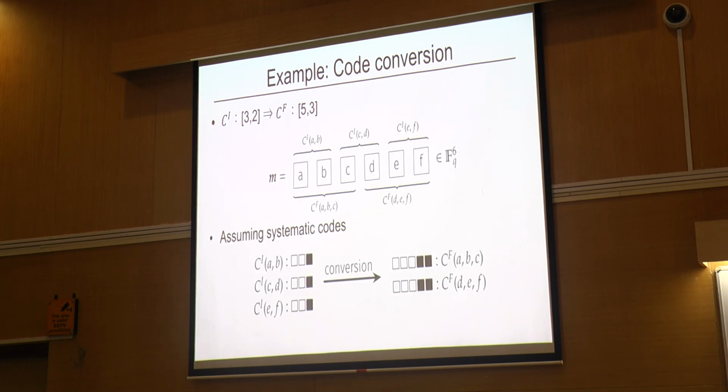And if the codes are systematic, as I mentioned earlier, or maybe not this, I mentioned linearity, sorry. Codes being systematic is a good assumption for storage systems because almost all codes employed in storage systems are systematic. Systematic codes are codes where you have the message symbols as is, without encoding. For example, the single parity check code that we saw is systematic because the first 2 bits of the code words are message symbols themselves.